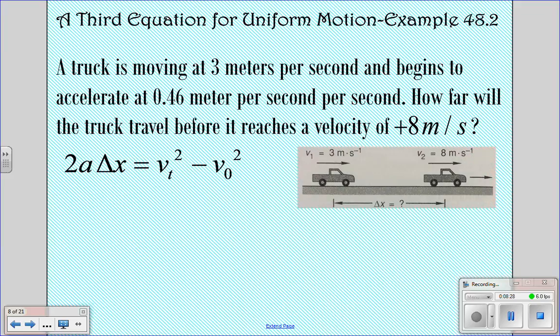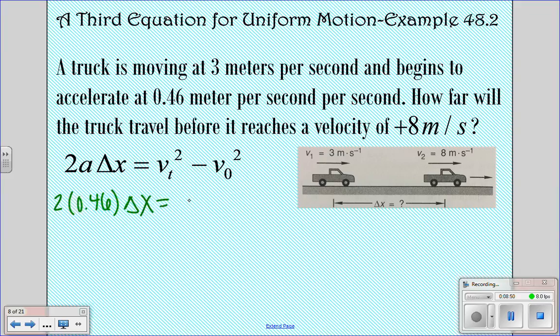Our acceleration on this one is the 0.46. It's not 9.81 because we're not falling through space, I mean, like around the earth. We're moving horizontally. We want to know how far the truck travels, so that's the change in position.